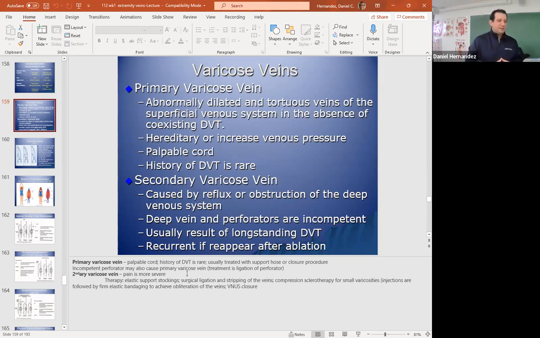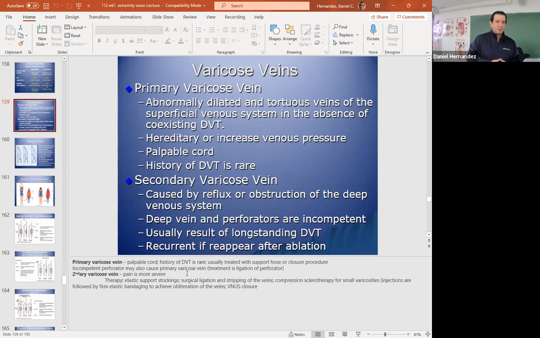Secondary varicose veins I think of as varicose veins caused by something else influencing it and causing that reflux in the veins. For example, a patient who has a DVT that damages the valves within the deep veins, and then you wind up with reflux in the deep veins that propagates and causes reflux into the perforators as well.